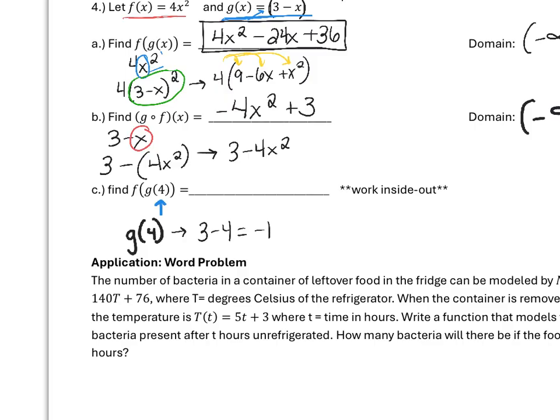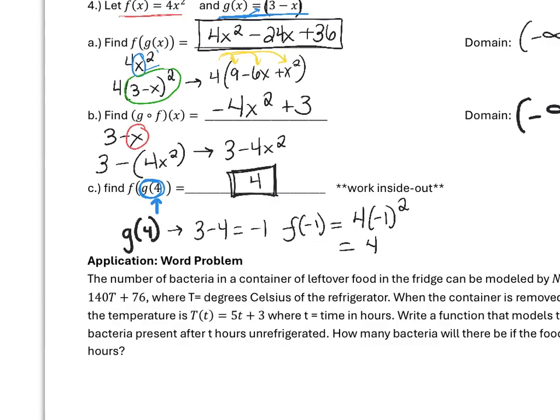Then we're going to find f of negative 1, which means into our f of x, we're going to plug in negative 1 wherever we see an x. So negative 1 squared is 1, 4 times 1 is 4. So work from the inside out, find g of 4. When you get that number, you find f of that number using your original functions.